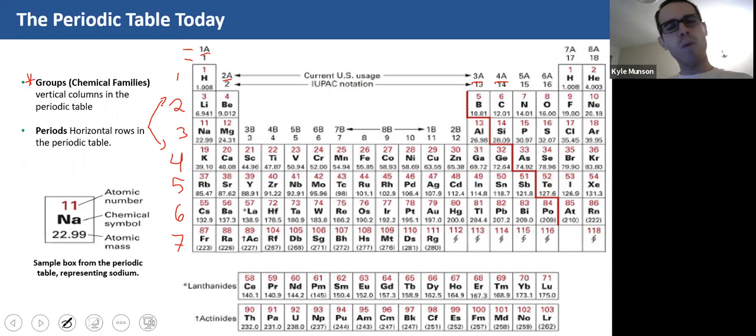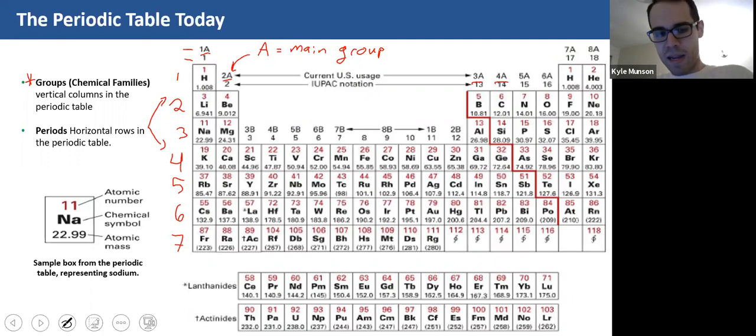Okay. So how do we tell then, one of the other things we said, the difference between main group and transition metals, or transition elements, I should say. Well, for the main group, okay, anything here, remember groups are the vertical columns, A, okay, this A here is main group. Okay, so any group with an A, okay, is called a main group element, the A groups.